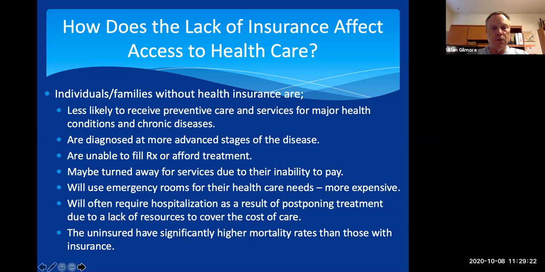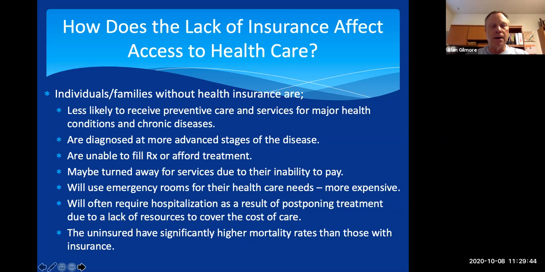And the emergency room results in services often being more expensive, and often people are using the emergency room for things they could be going to a primary care doctor for. That's not the intent or the reason an emergency room exists.